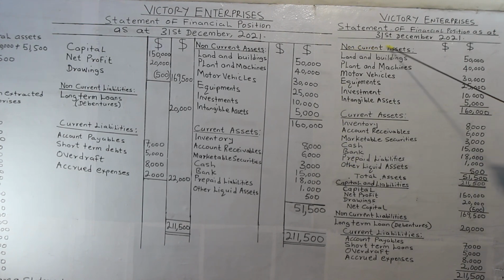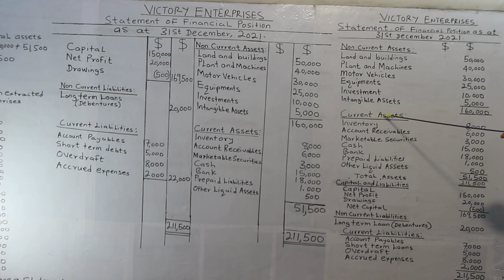You can see the non-current assets and the current assets. So we have land and buildings, 50,000, plant and machines, 40,000, motor vehicles, 30,000, equipment, 25,000, investment, 10,000, intangible assets, 5,000. If you add everything, it's going to give you 160,000.